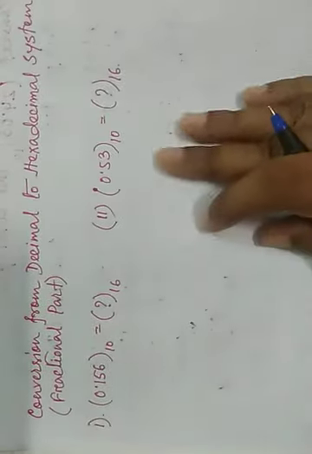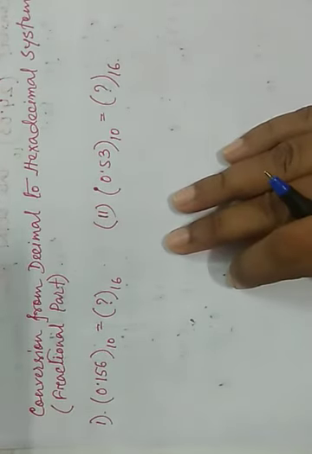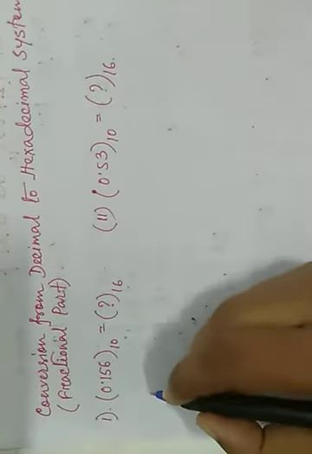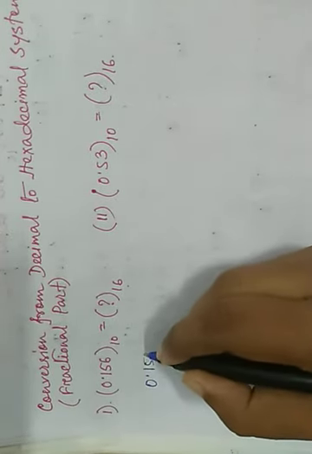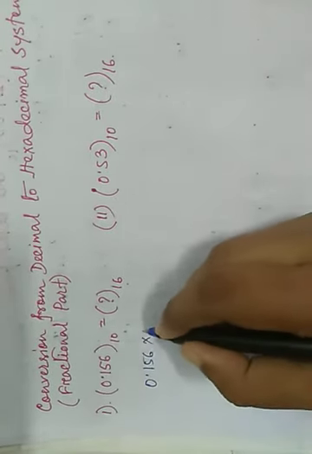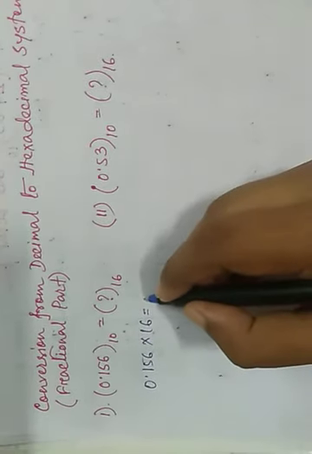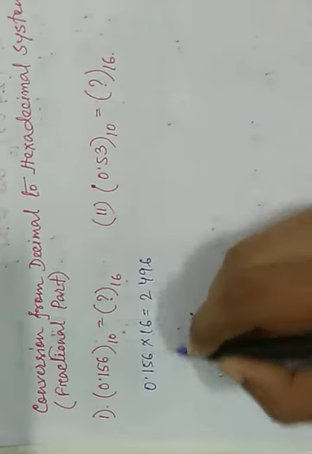So for fractional part conversion we have to multiply the decimal number by 16. Okay, so let us see. Here the decimal number is 0.156 multiplied by 16. It will be 2.496.